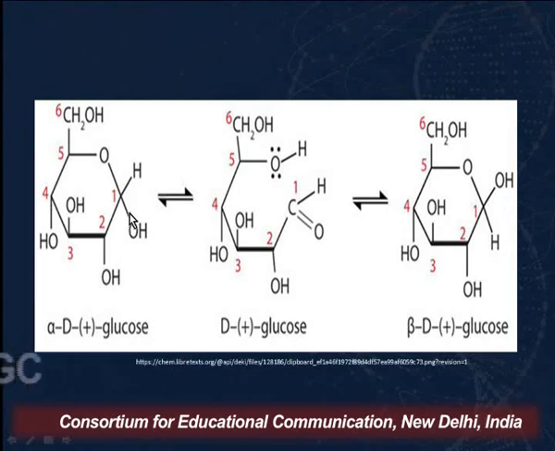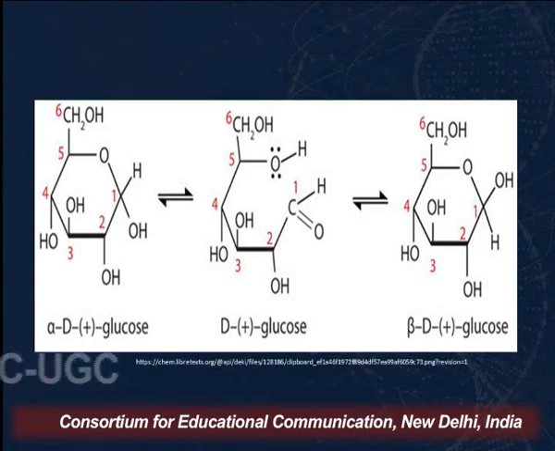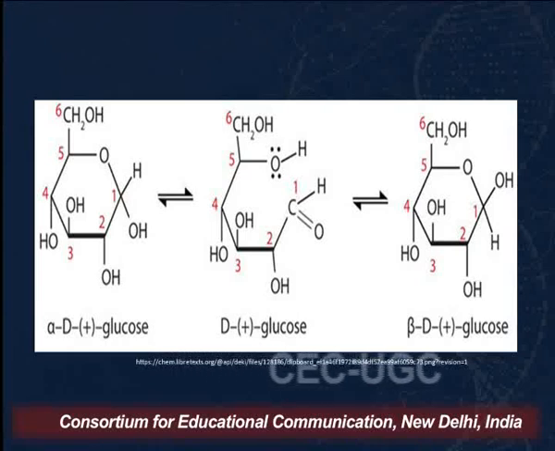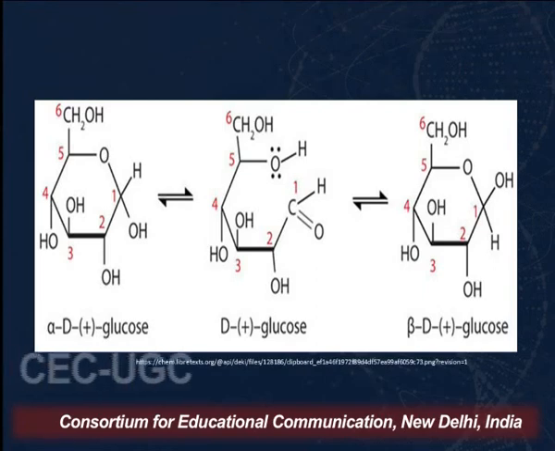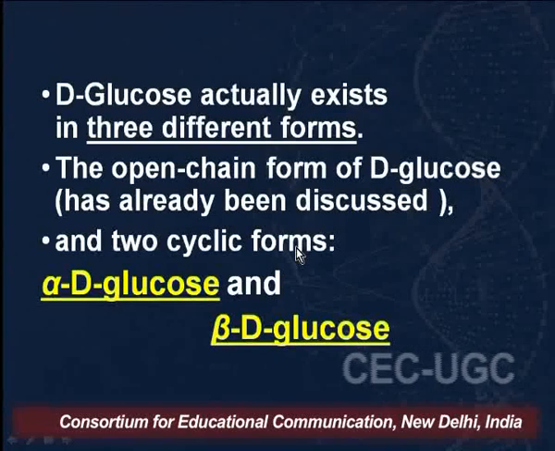So whatever structure they give you, be it the Fischer structure, which I'll be discussing, the Haworth structure, or the chair form of glucose, in all you will identify the anomeric carbon by finding the carbon which is attached to two oxygens. That carbon will be the anomeric carbon.